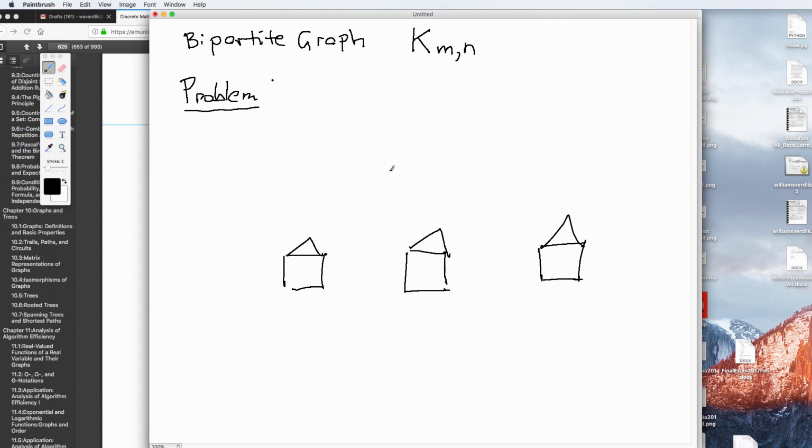And I also want you to imagine that we have 3 different utilities. So here's water, I'll put a W around it. And here's the electric company, so that we can watch TV and get on the internet. And then, I don't know if you have this in Namibia, but over here we also have the gas company. The reason we have the gas company is because we use gas to heat our homes, which get very cold in the winter. So we have 3 utilities and we have 3 houses.